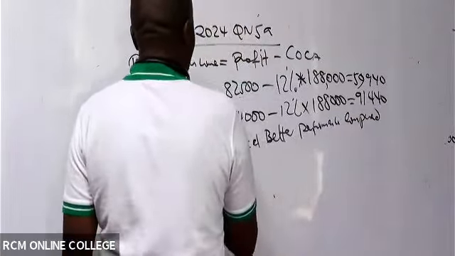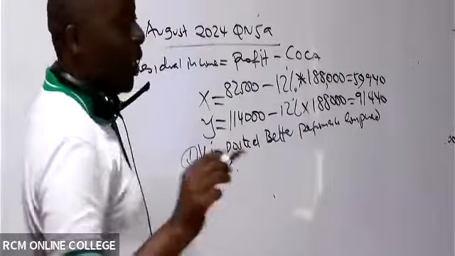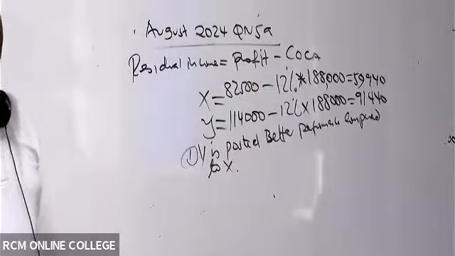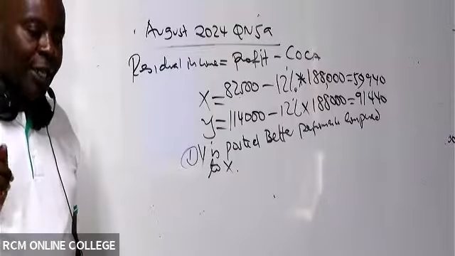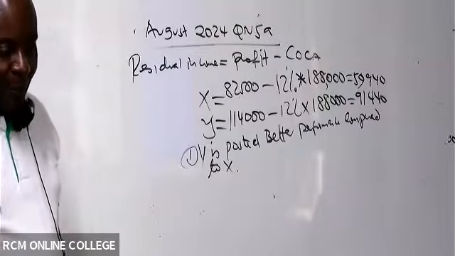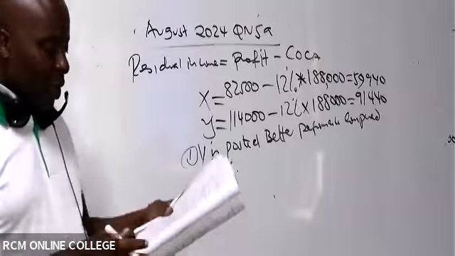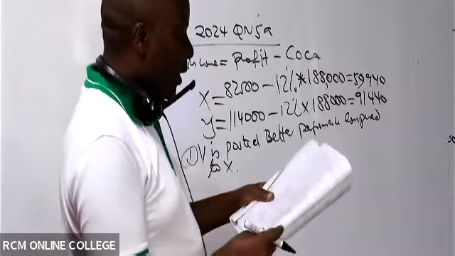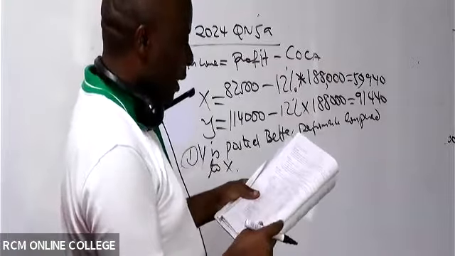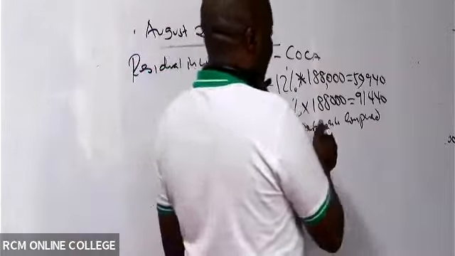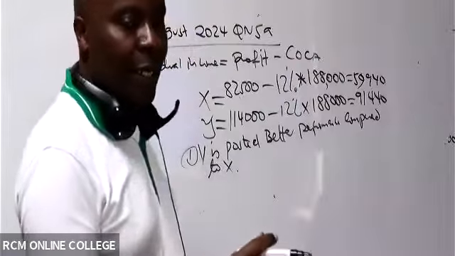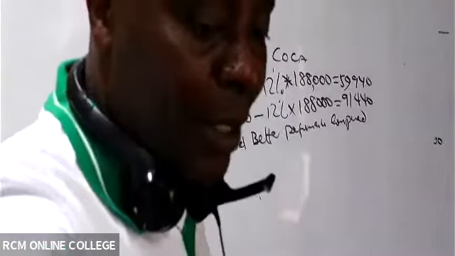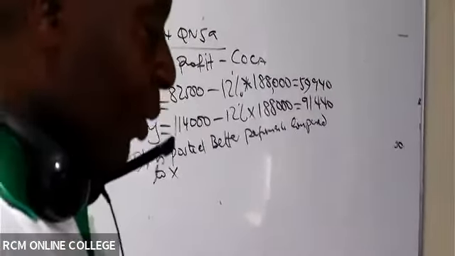Why? Because generally, just as with ROI, the higher the residual income, the better the performance. Do we have any targeted residual income? You can see residual income targeted in thousands, because these figures are in thousands. You can just become creative.